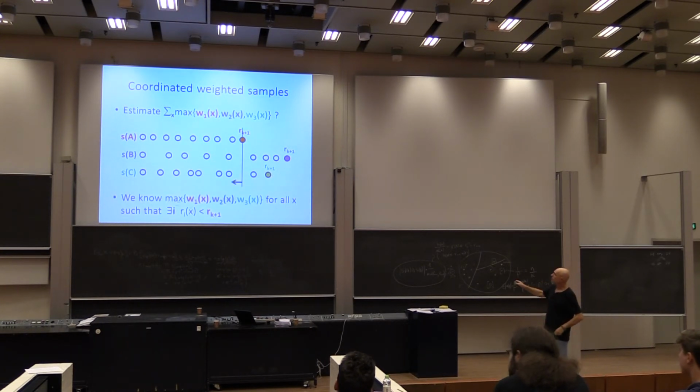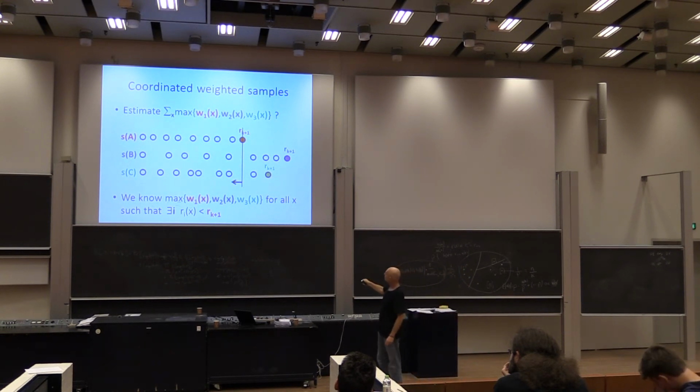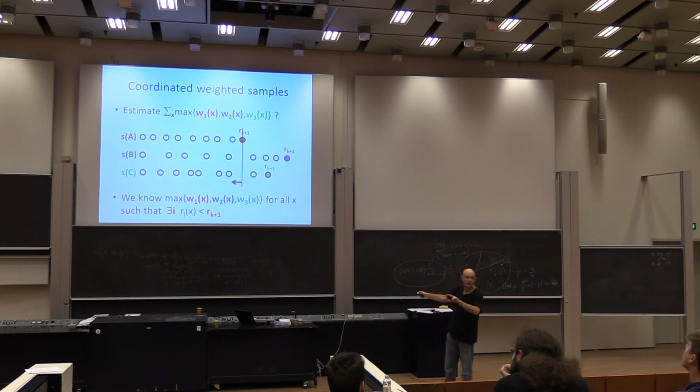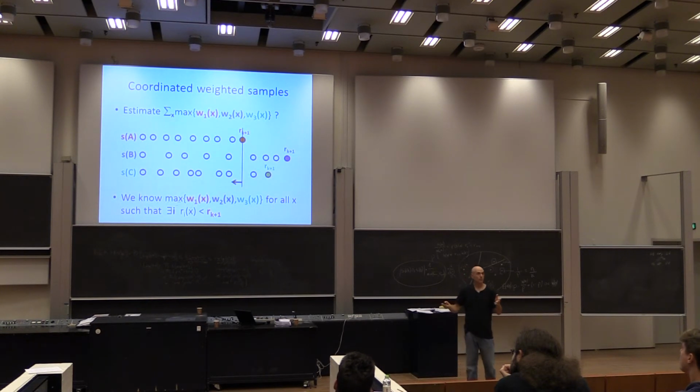But what I'm saying is that I can use all the items for which I actually know the maximum weight, all the items in the union of the three samples such that the smaller rank of the item is smaller than the minimum of these r_{k+1}. If you appear in one of the samples, and your rank is smaller than the rank of this guy, you know that the maximum among the weights that you see is the global maximum.